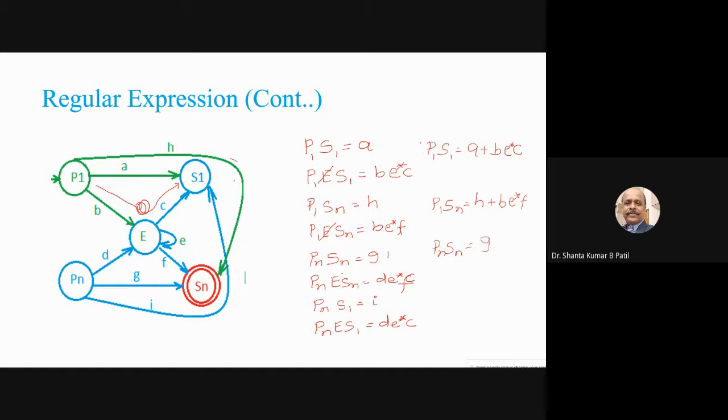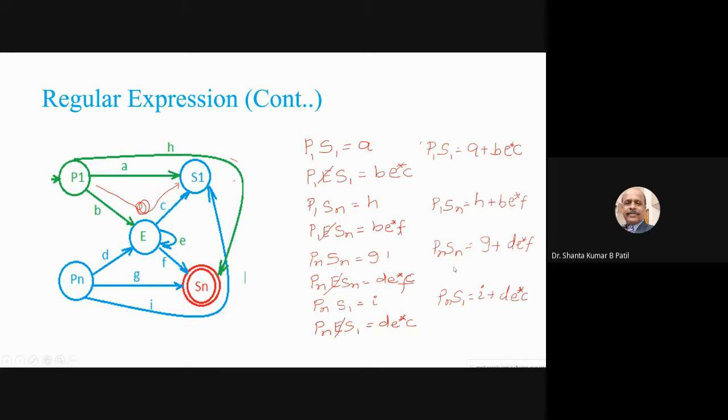If you are eliminating a state PNS1, one more path is going to create plus D E star F, E star F. Like that, PNS1 is equal to I. So if you eliminated E, you can get one more path, which is transitions on D, E star C. Okay.